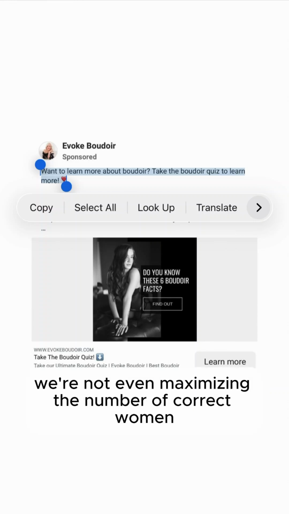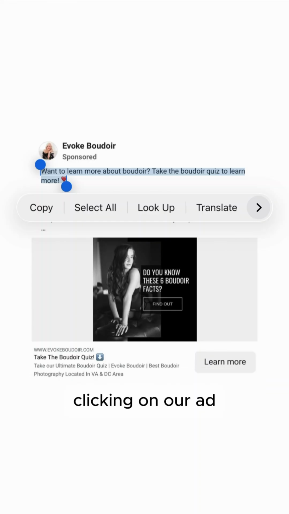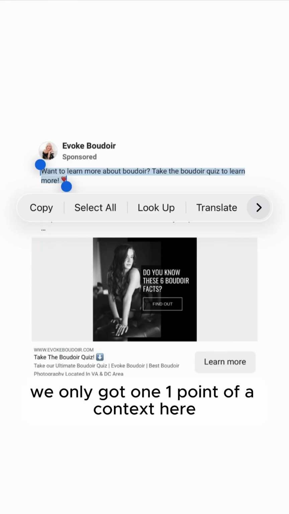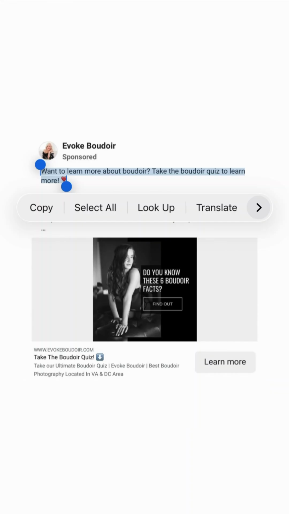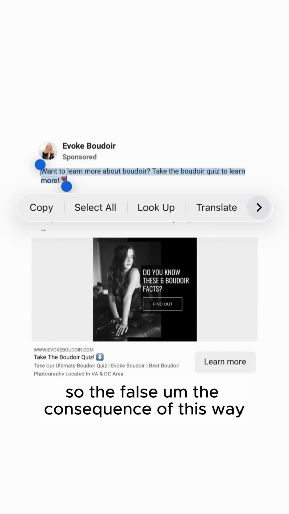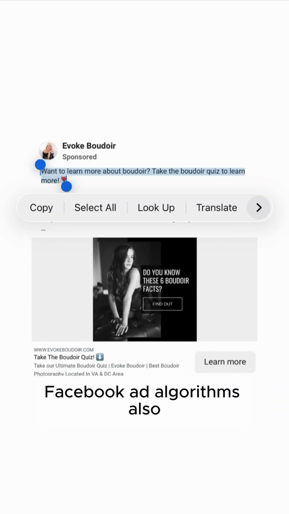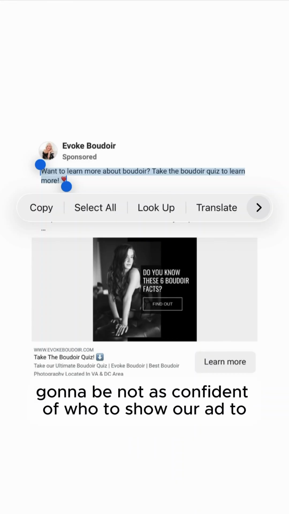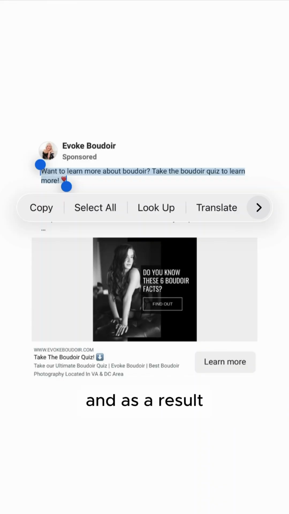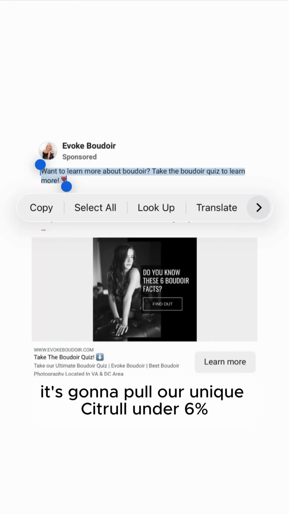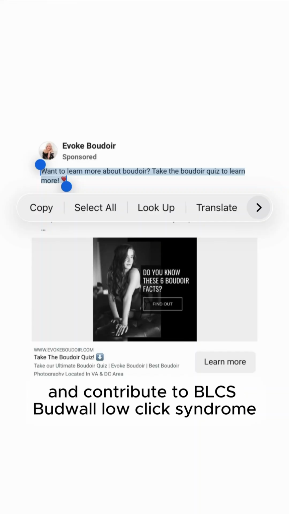But we're not even maximizing the number of correct women clicking on our ad. We only got one point of context here. So the consequence of this, way more women are going to scroll by our ad than necessary. Facebook ad algorithms also going to be not as confident of who to show our ad to. And as a result, it's going to pull our unique CTRL under 6% and contribute to BLCS, Boudoir low click syndrome.